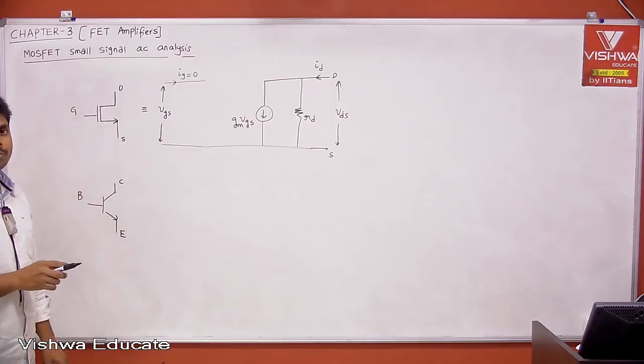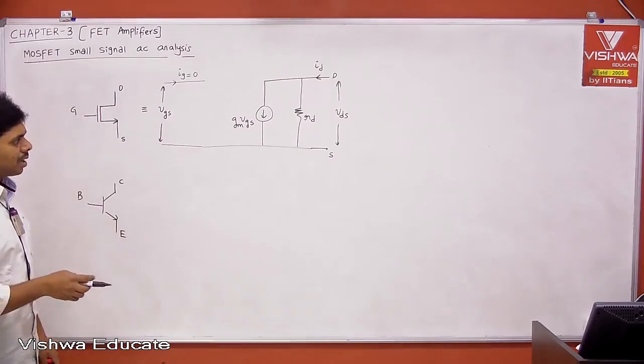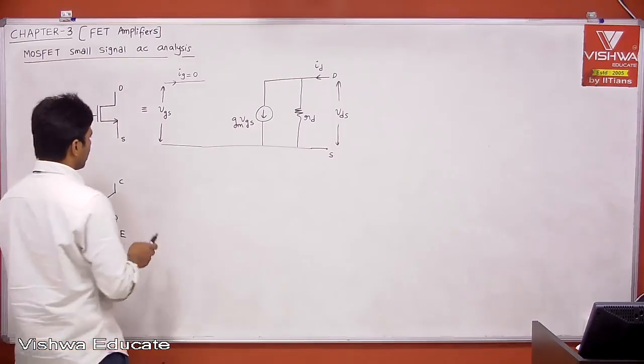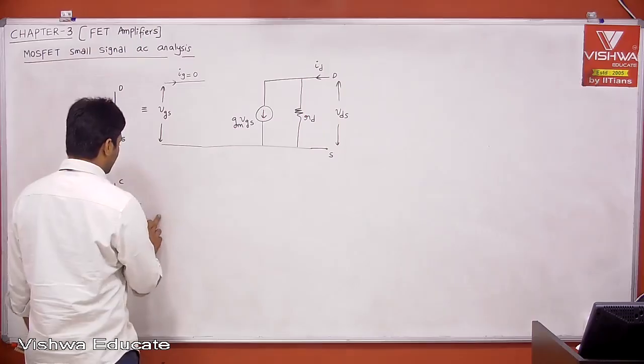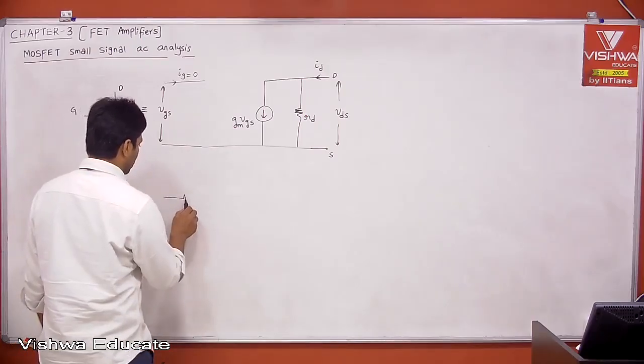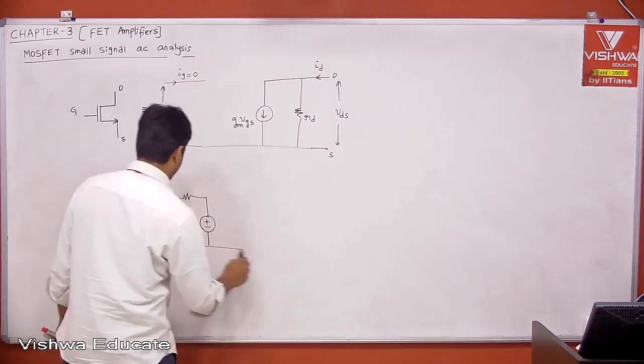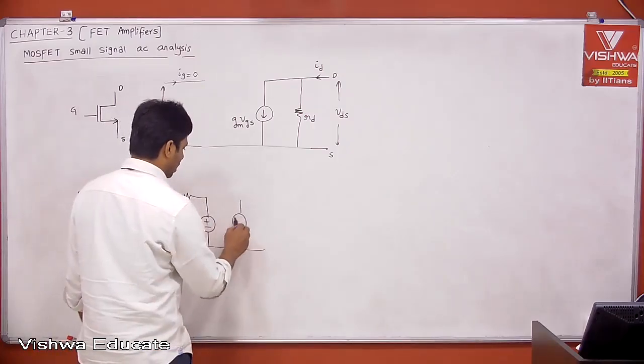Let me give you the hybrid pi model, or anything is fine. You can take the H parameter model also, because that is what we used to calculate all AC parameters. Then if you take the H parameter model, just listen, don't write anything.